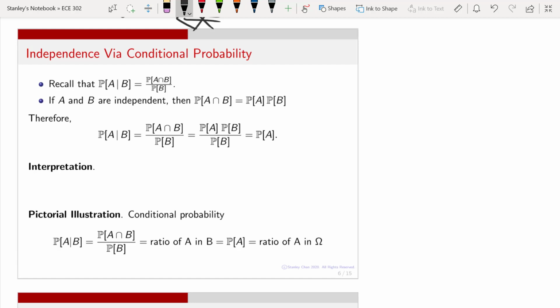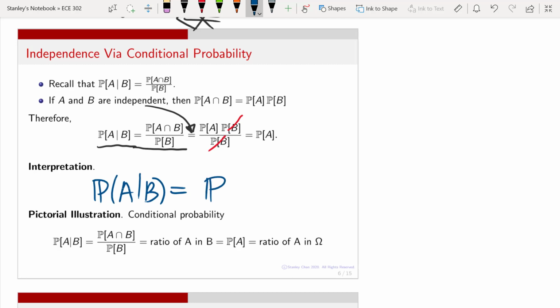So in the numerator, you have P(A) times P(B), and clearly these two terms can be cancelled. Therefore, you are left with the conditional probability of A given B equal to the probability of A, which is the unconditioned probability.